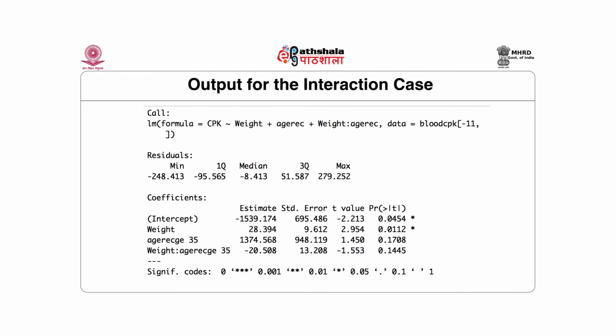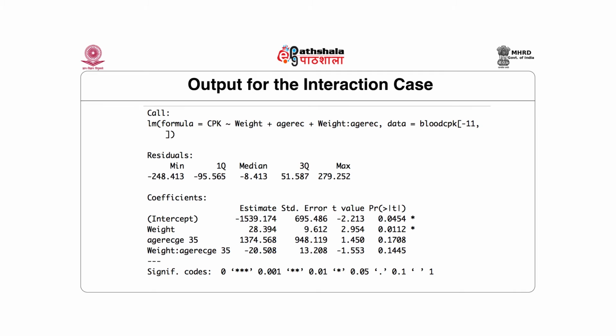So rather than having it at 0, it presents age at 35 years and above, given a value of 1. Age recoded at 35 years and above is what we're going to find the beta for.